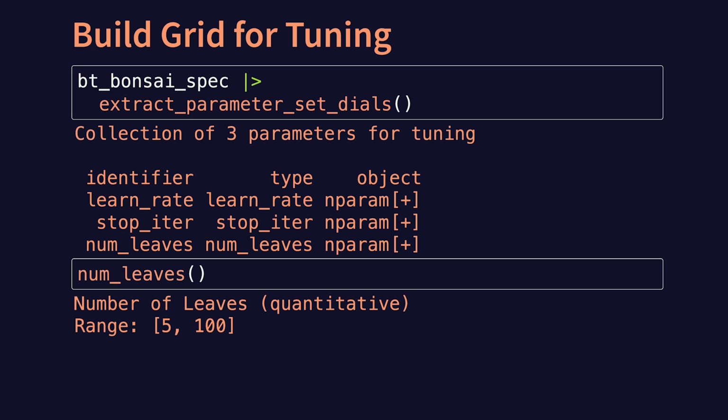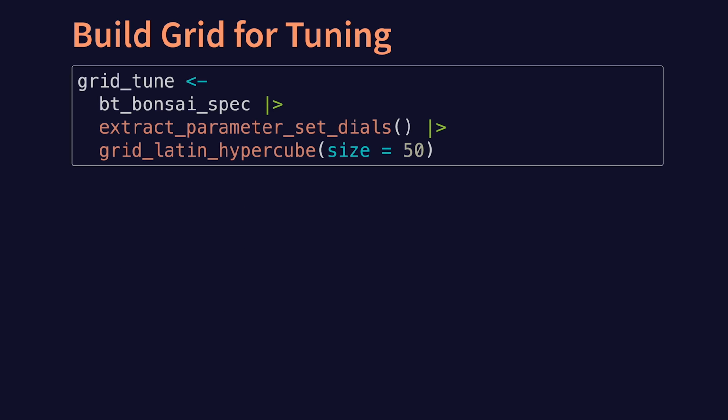You can look at each of these individually to see the default ranges on them. So looking at specifically the number of leaves, this can range from 5 to 100. If you want to tweak that, you can certainly do that, though for today, we're going to leave all the defaults as is for these parameters.